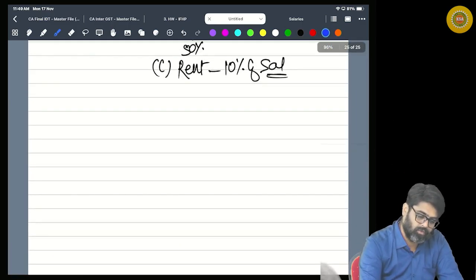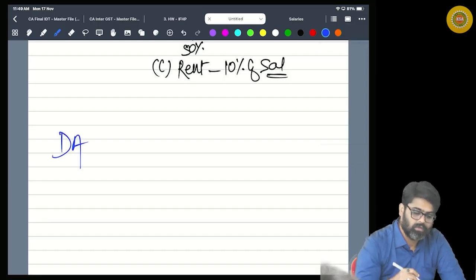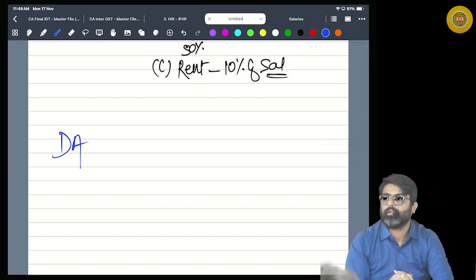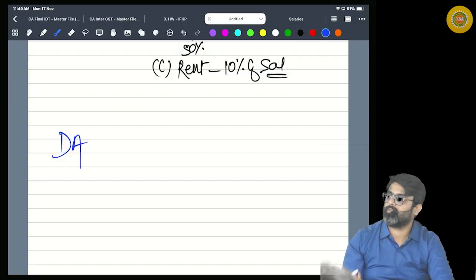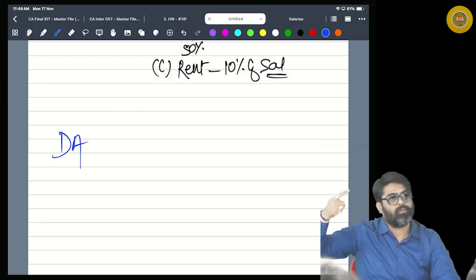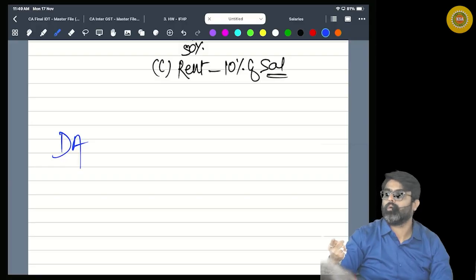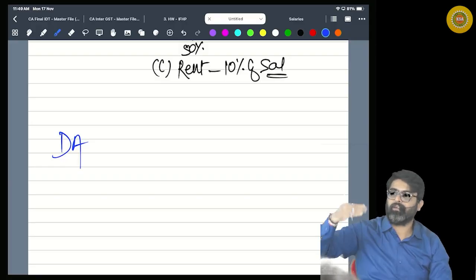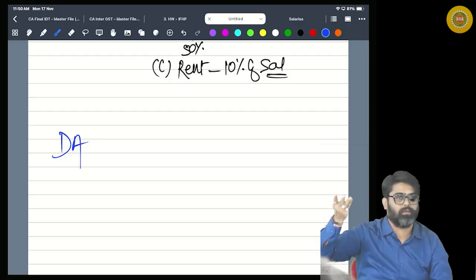Simple thing I am asking you. Dearness allowance means this is an allowance given to meet inflationary situations. Over a period of time, inflation is growing, no? But at the rate at which the inflation is going, at that same rate your salary might not be increasing. Yes or no?